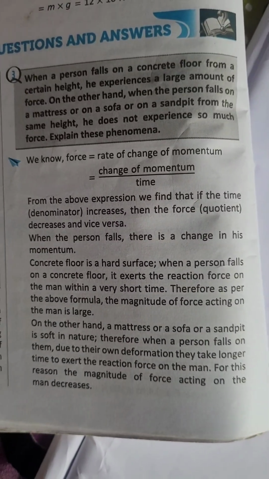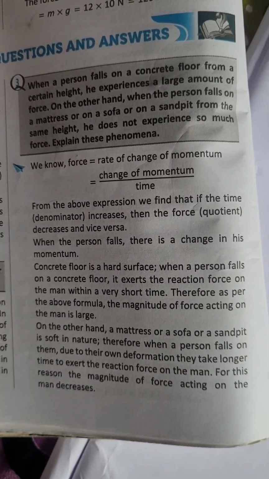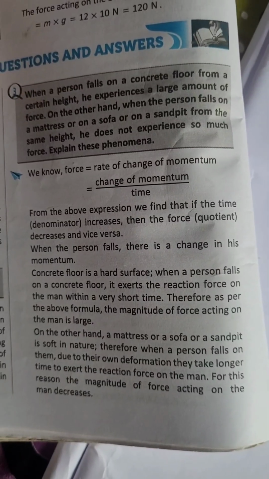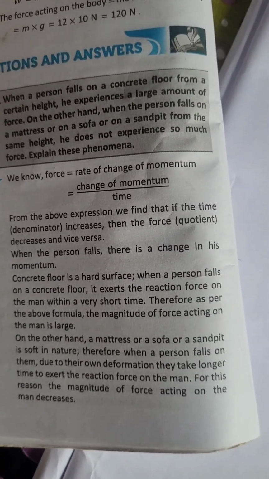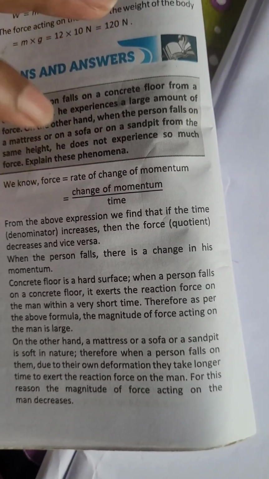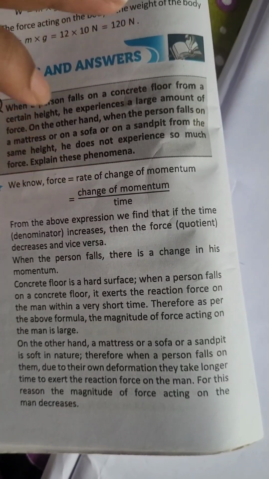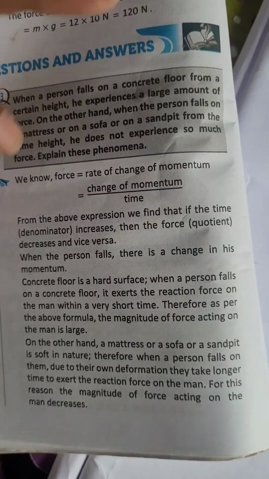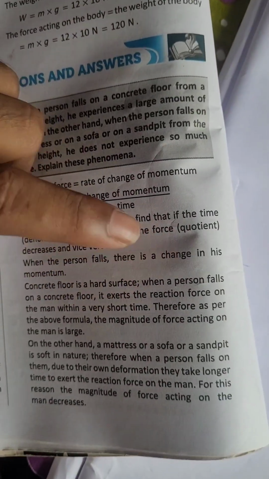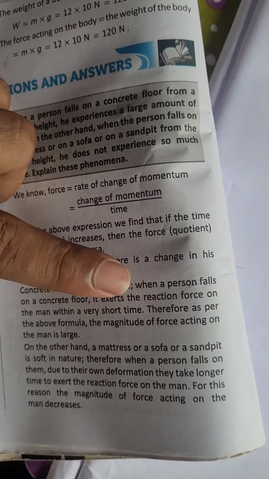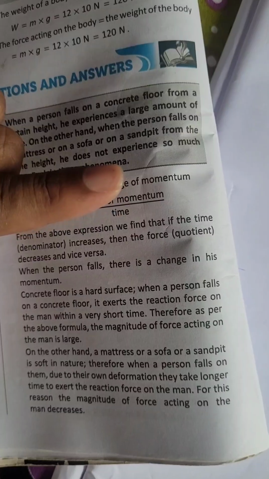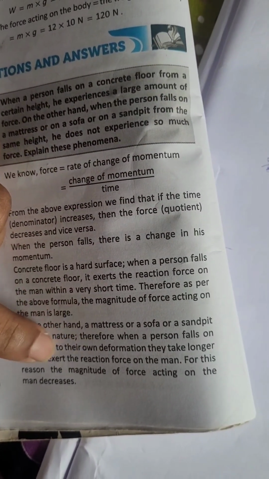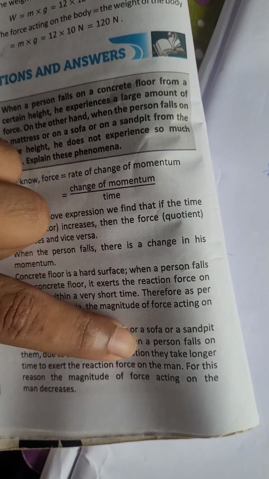When a person falls onto concrete from a height, he experiences a large amount of force. On the other hand, a person who falls on a mattress or a sofa does not. You have to relate this type of question to force equal to change in momentum over time. When a person falls on hard concrete, it exerts a reaction force, whereas the sofa causes deformation.